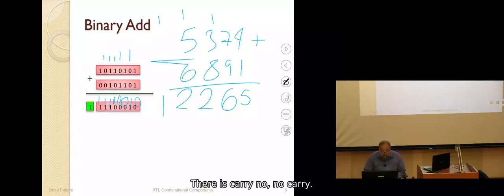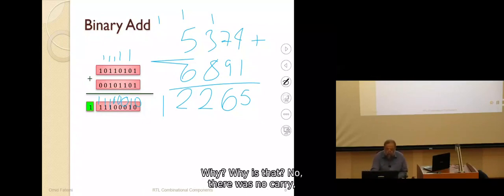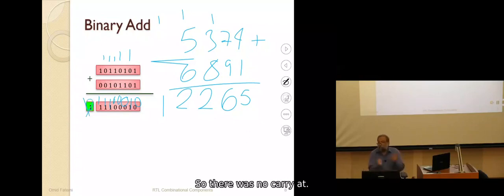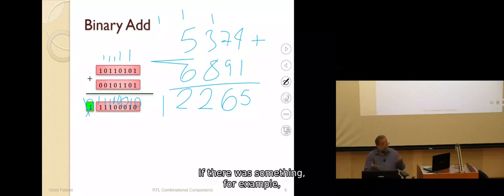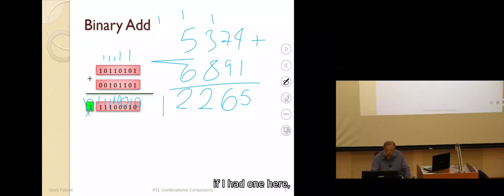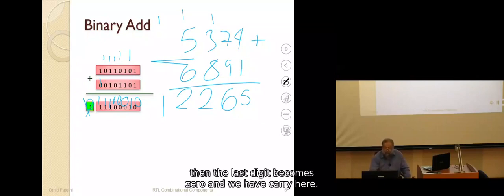Is there a carry? No carry. Why is that? There was no carry, so it should be 0. If there was something, for example, if I had 1 here, then the last digit becomes 0 and we have a carry here.